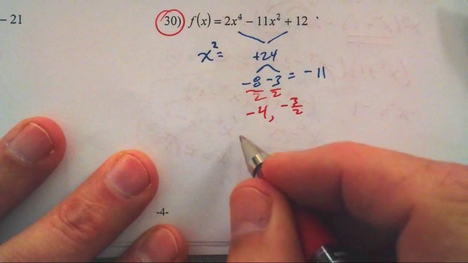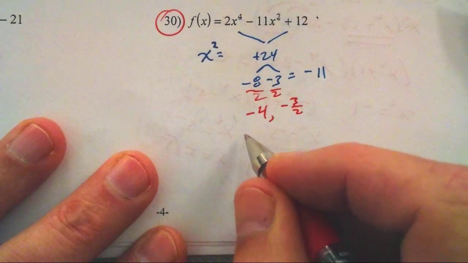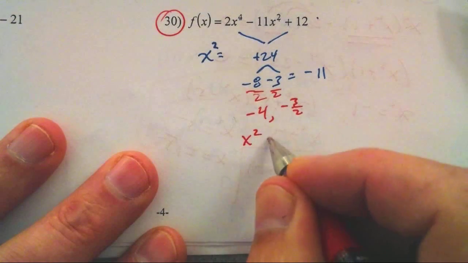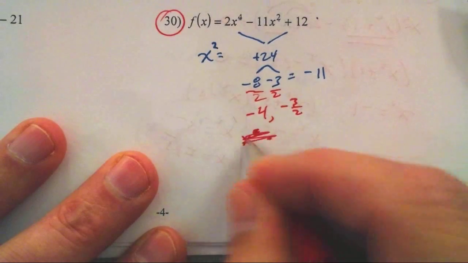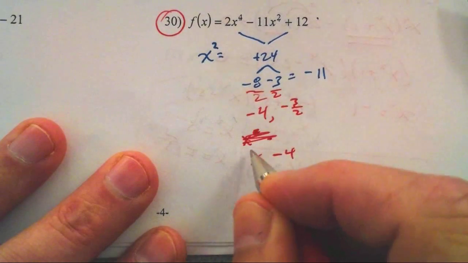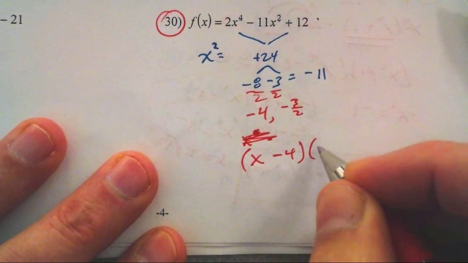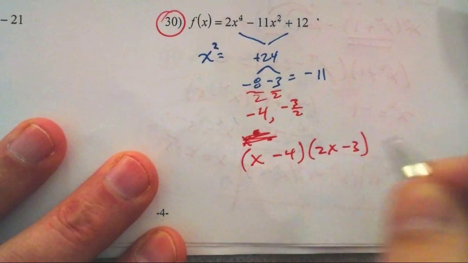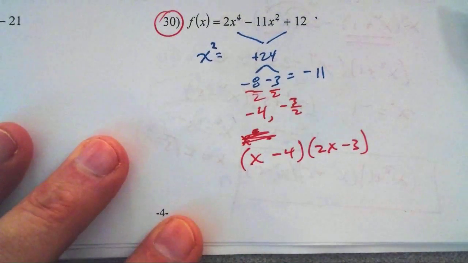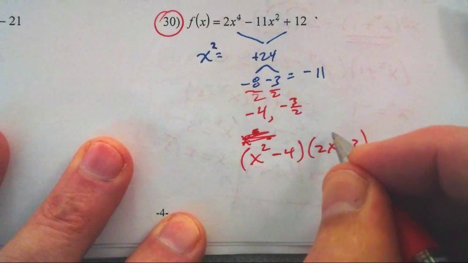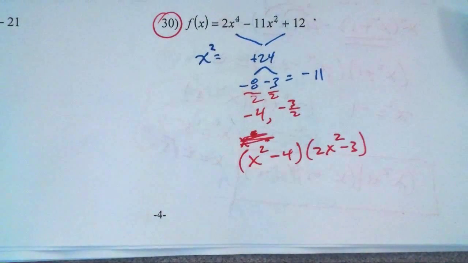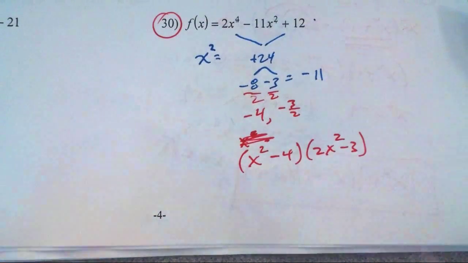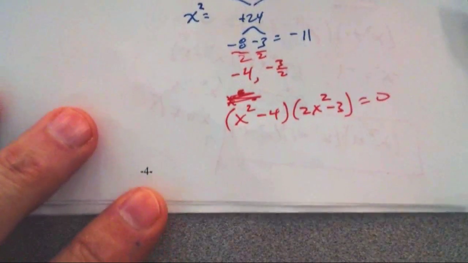We'd like to factor it into x minus 4 times 2x minus 3. But this isn't quadratic on x, it's quadratic on x squared. Is that right? And that equals 0.